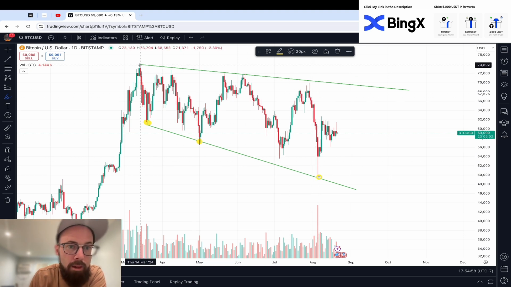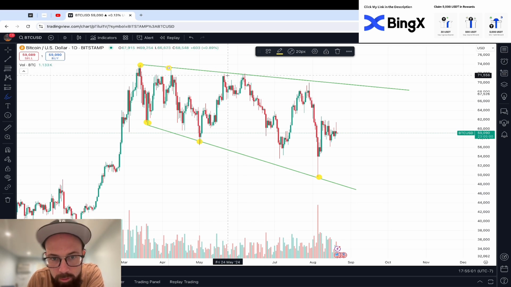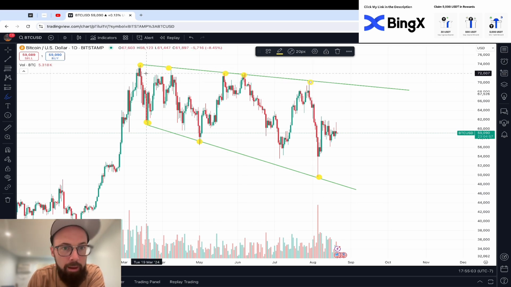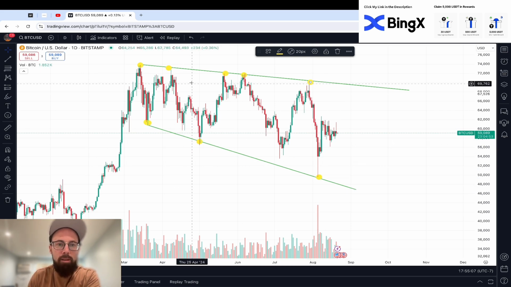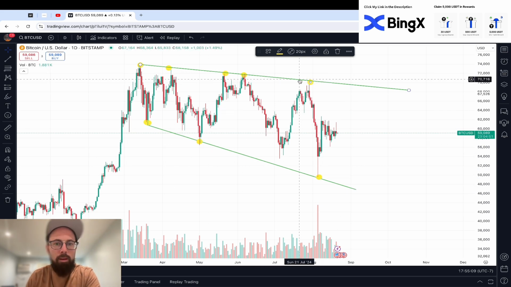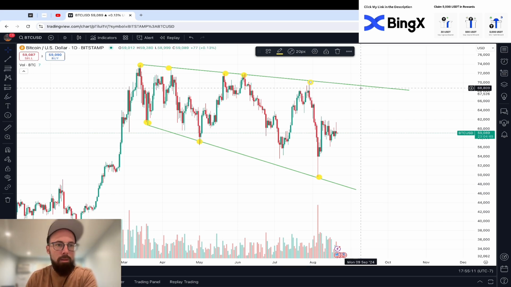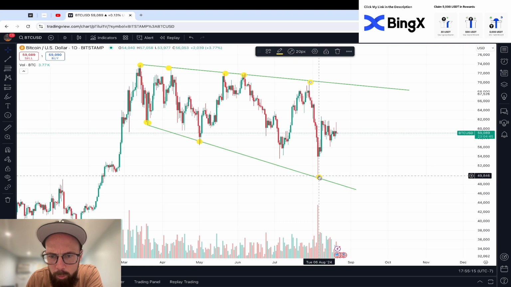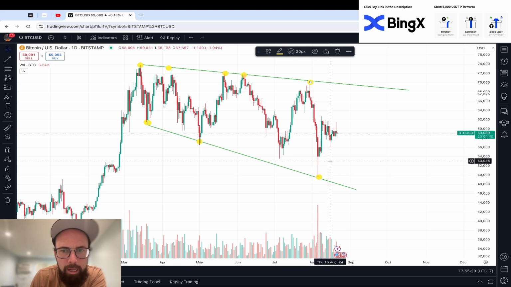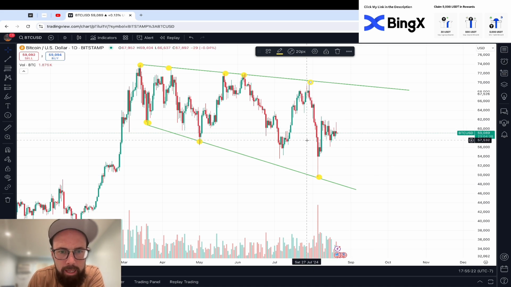Now to the top side for the resistance, you have 1, 2, 3, 4, 5. Boom. That means this level is established and this level is established. So that's Bitcoin. That's the pattern that it's making. I drew this pattern when Bitcoin made its local low at 49K, and it is playing out nicely.